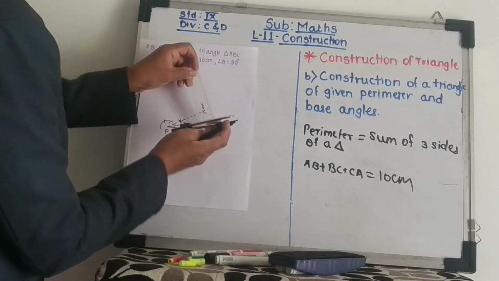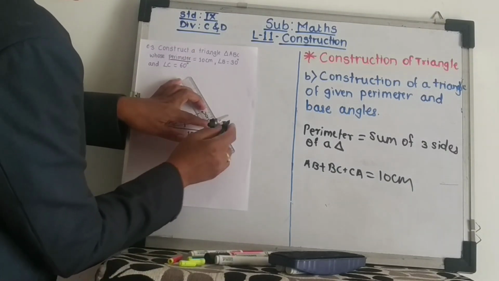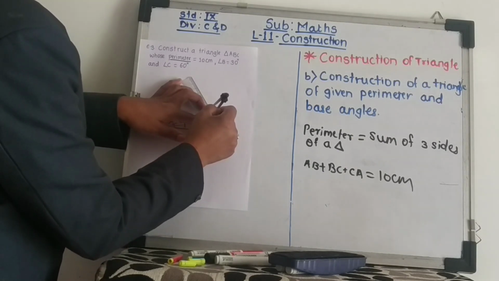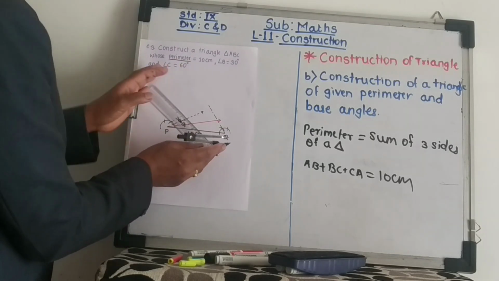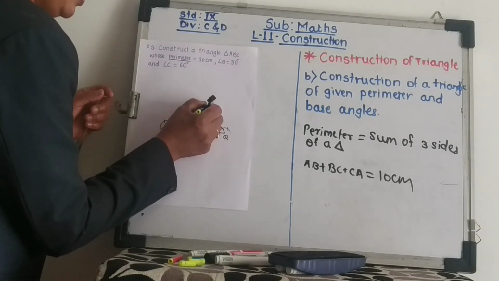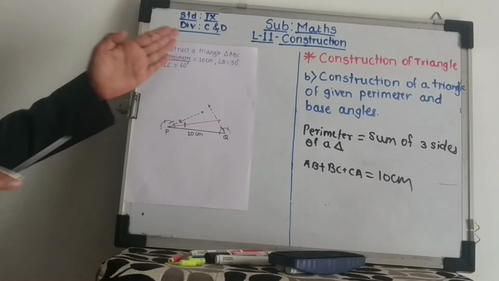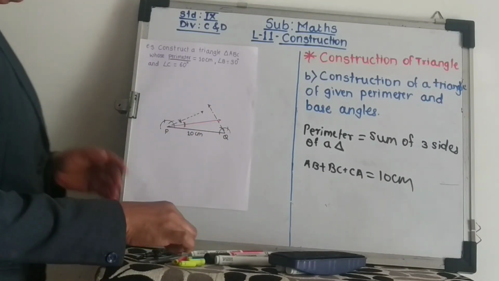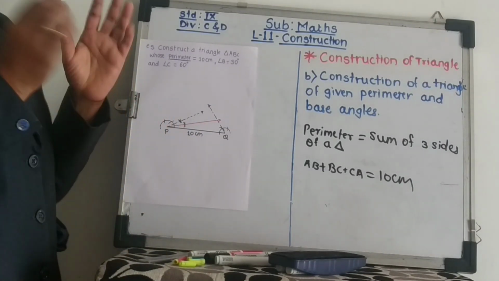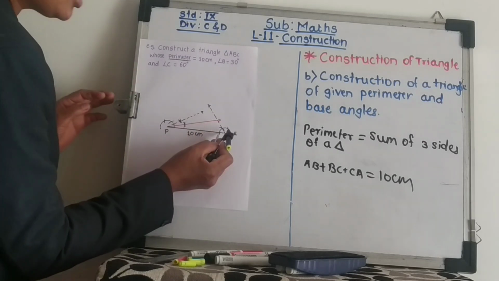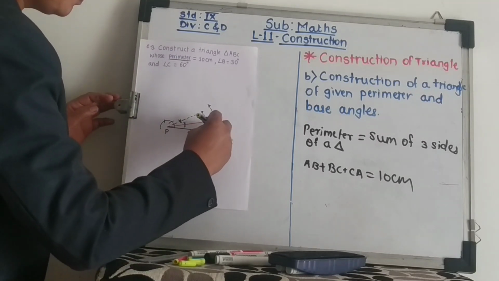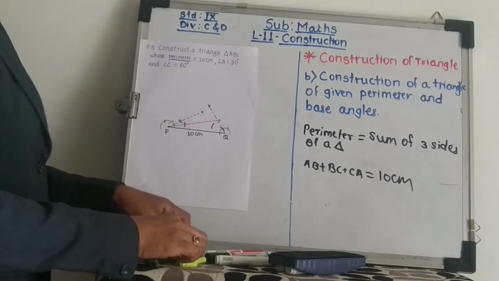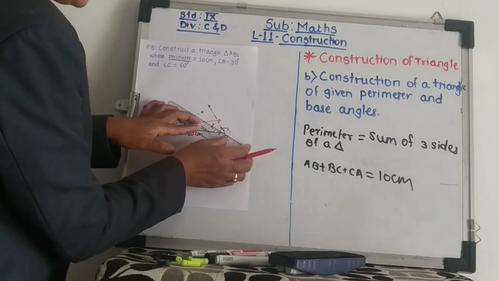But towards this side, what we have done is bisect the original angle. Here the original angle is 60 degree, and without fail we are going to bisect that 60 degree angle. So let us bisect it. Now I will join with the help of the red sketch pen over here.